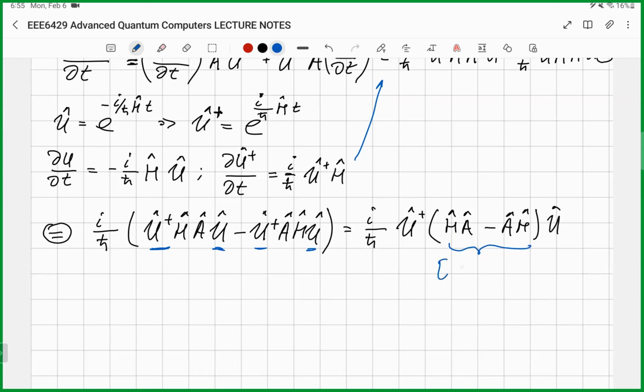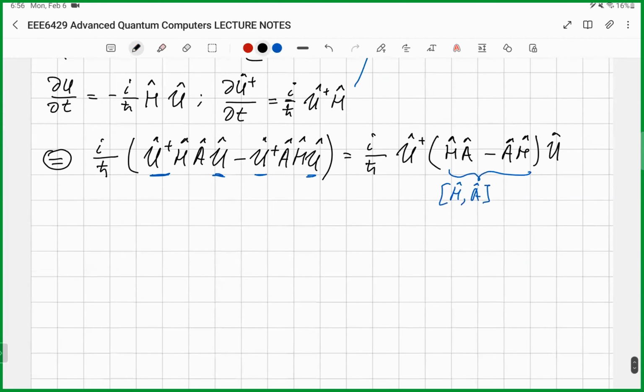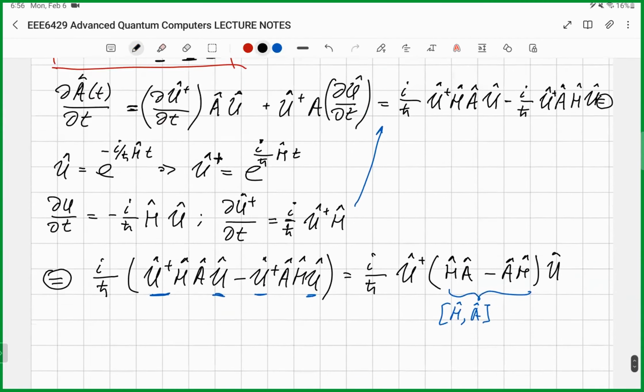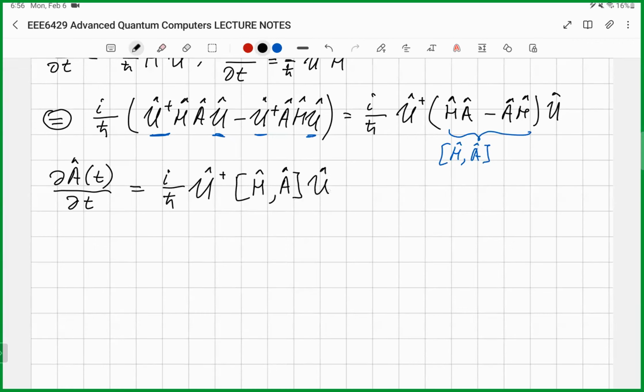So this is the commutator of the Hamiltonian and the operator A in the Schrodinger representation. And so the result of all this is what? The time derivative of my operator in the Heisenberg picture is equal to i over h, U dagger, the commutator of H and A, and then U.